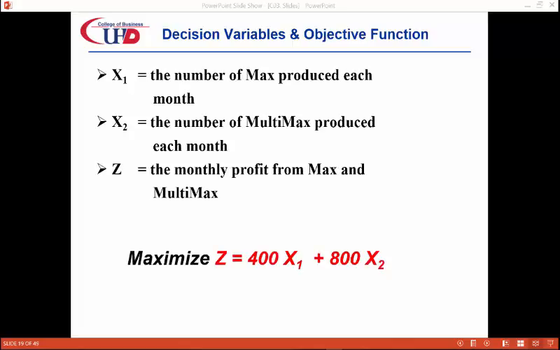It is easy to see that Z can be calculated from the number of Max x1 and the number of Multi-Max x2 with their corresponding profit margins. As we can see, the total money made from Max is 400 x1 and from Multi-Max is 800 x2.